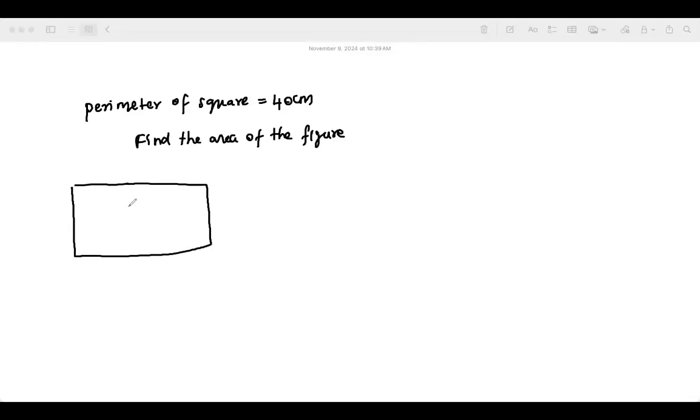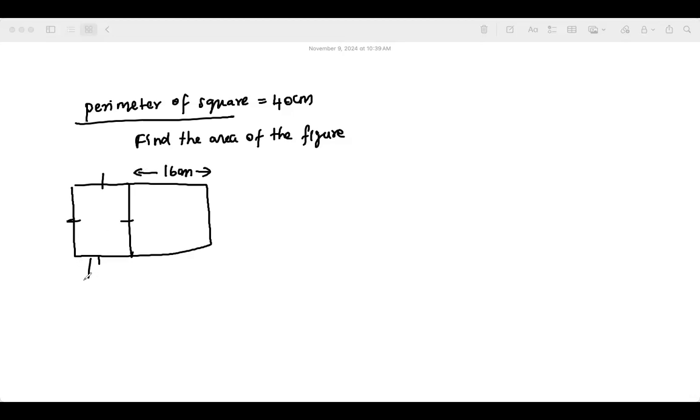Perimeter of the square. Okay, this is a square. This doesn't seem to be a square. See, I am marking that square, right? So perimeter of the square is 40 centimeter. That means what? You know how to do it. Okay.